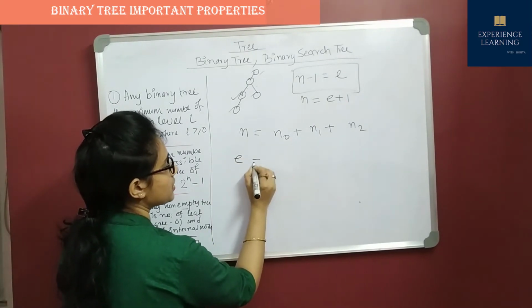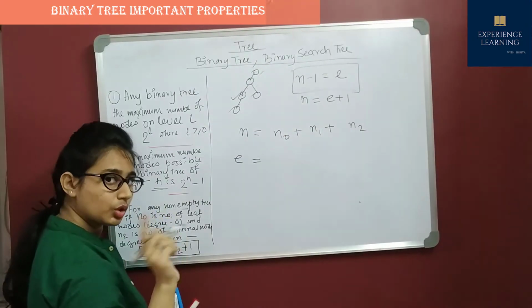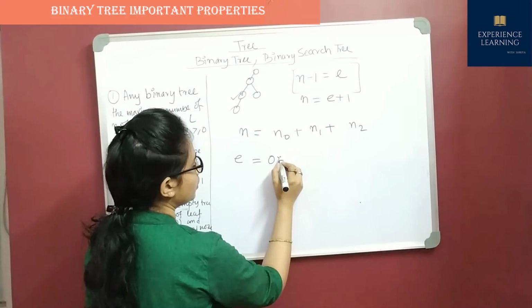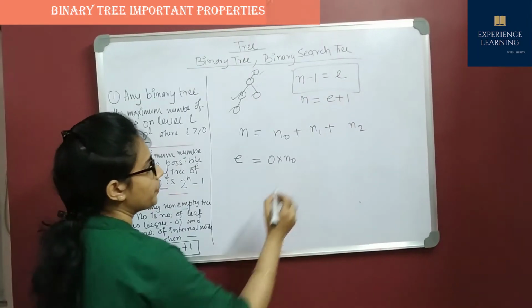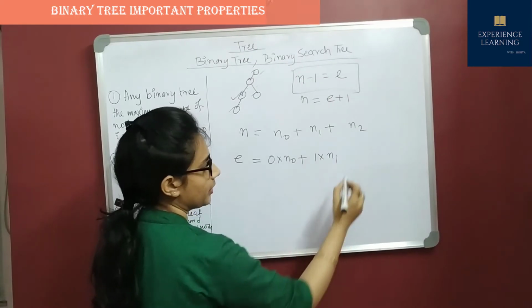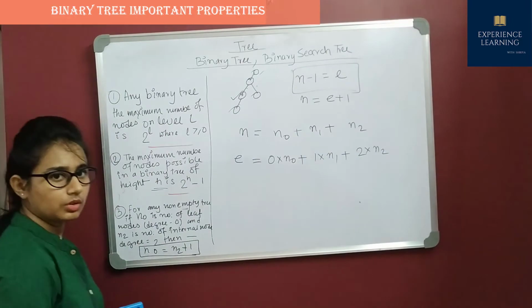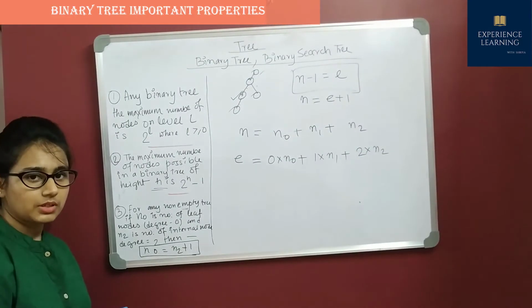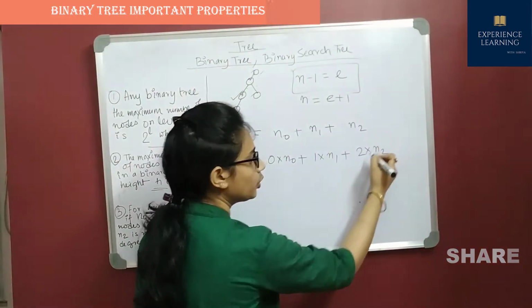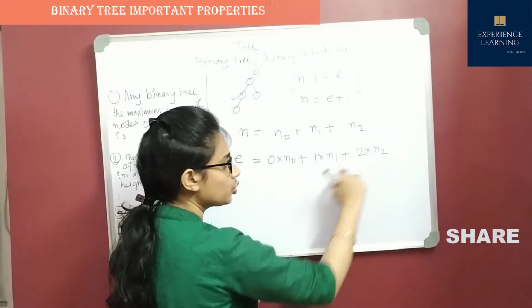Now, E can be represented as, see, n0 having no children, so 0 into n0, plus 1 into n1, plus 2 into n2. The edges can be represented in this way. Why? Because n2 is the number of nodes having 2 children.